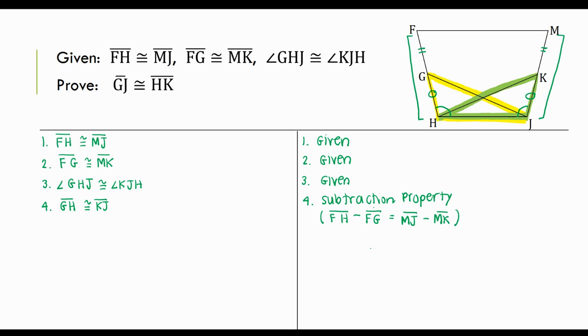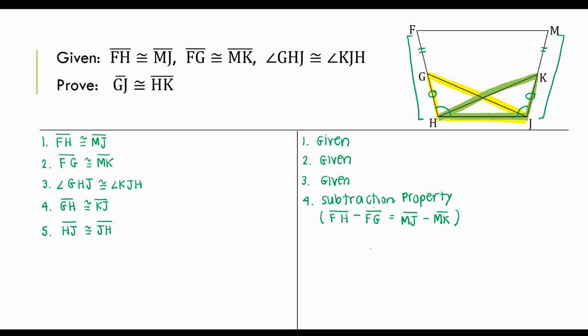And now I have two pieces that are marked in those triangles. I've got to find a third piece. Well, hopefully you noticed that when we were highlighting these triangles, they did overlap at a similar segment. They overlapped at that bottom segment of HJ. So I'm going to say that the segment HJ is congruent to itself. And so because I started with H first, I have to start with J first in the second part.